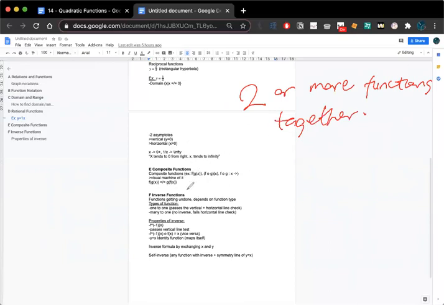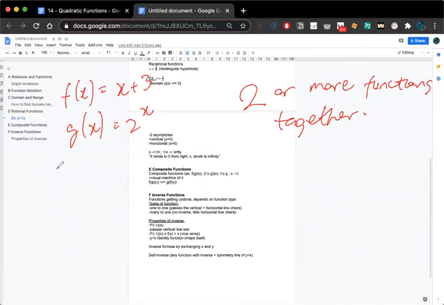We can take the example of f(x) and g(x). Let's say that f(x) is equal to x plus 3, and g(x) is equal to 2 to the power of x.